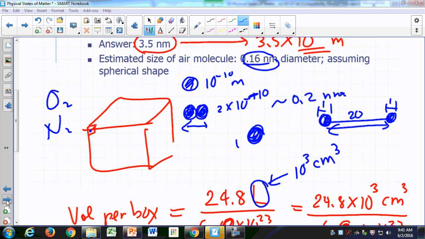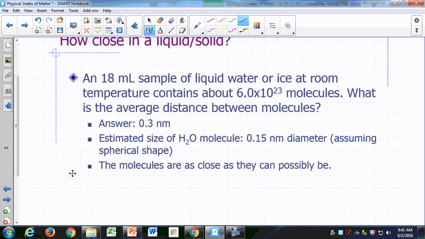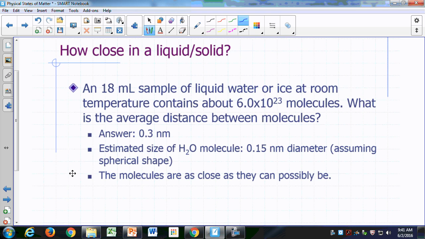Now, if you did the same calculation for a liquid, an 18 milliliter sample of water is going to have the same number of molecules, 6.0 times 10 to the 23rd. 18 milliliters is almost like 4 teaspoons of water. A teaspoon of water is 5 milliliters, so 5 times 4 is 20 milliliters.